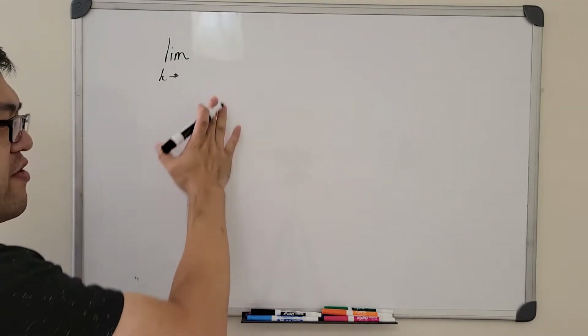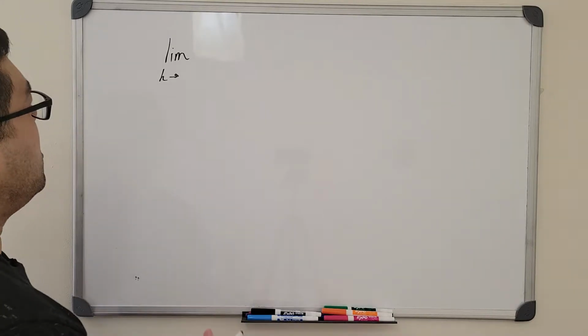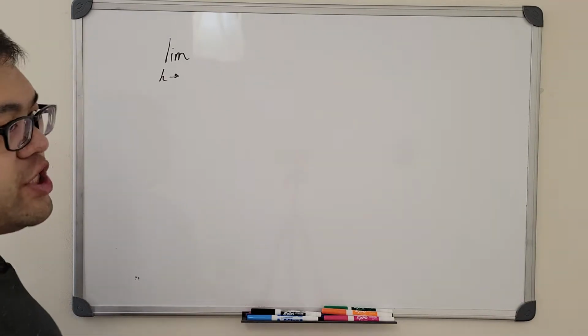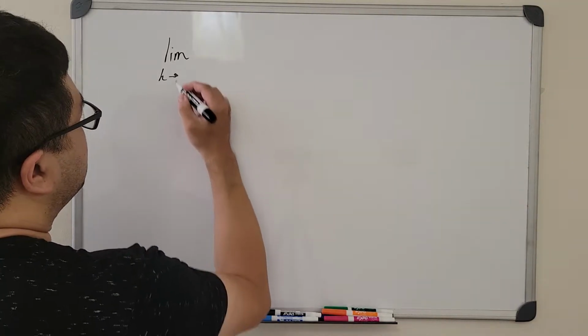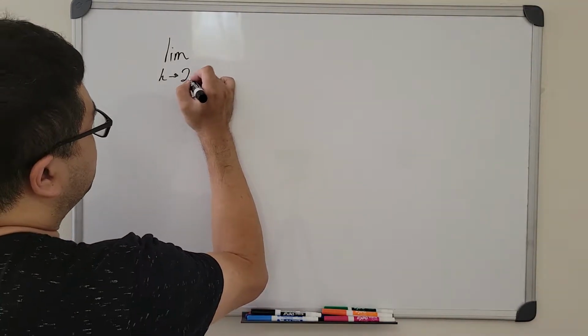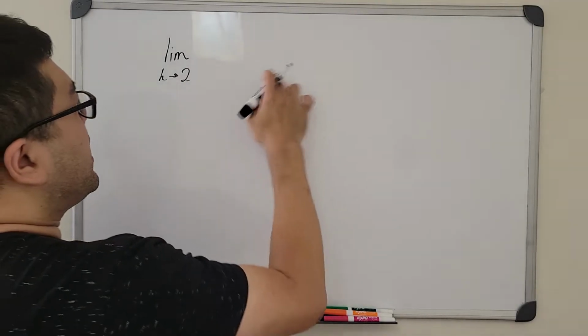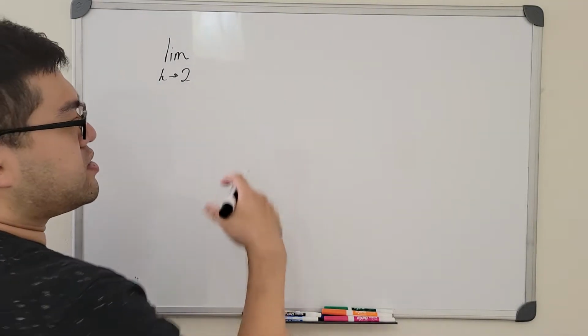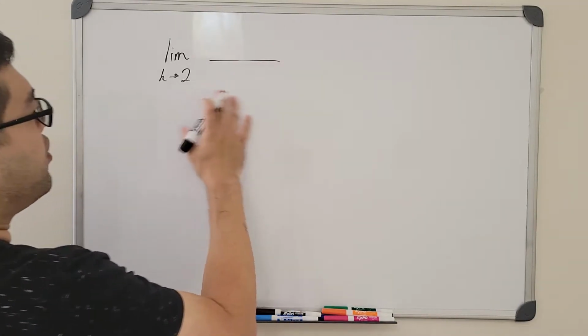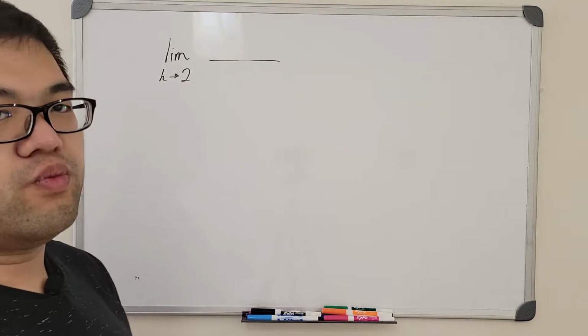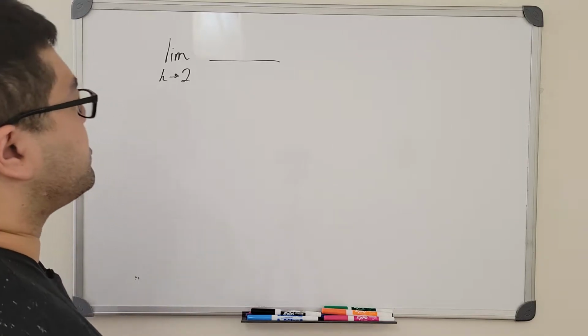In the mathematical context, this is called h approaching some value. Let's say we approach 2, then inside of the limit is some function or expression that we look at to see what value it approaches.